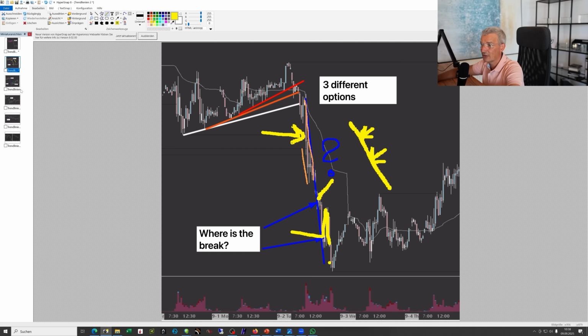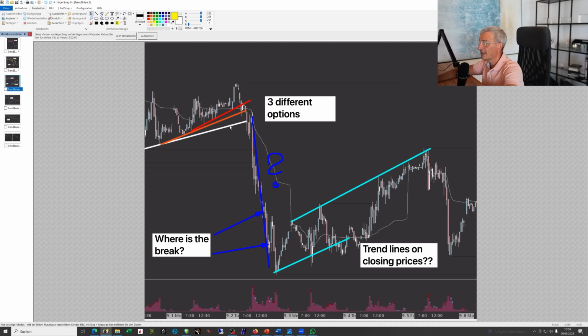Let's move on to the next chart. Let's think about it. Does it make sense to draw a trend line over the tops? Then maybe it just goes off into nowhere. Does it make sense to draw it over the closing prices? Then we have to cut it off a bit here and leave that one. It's all nonsense.